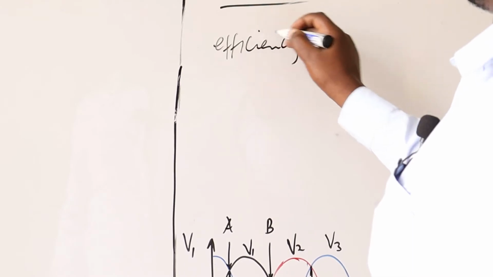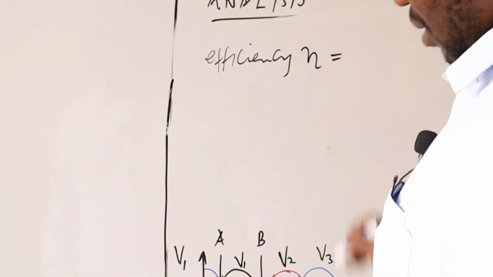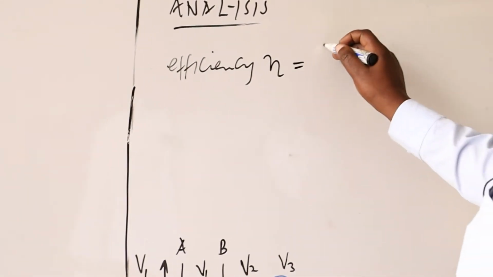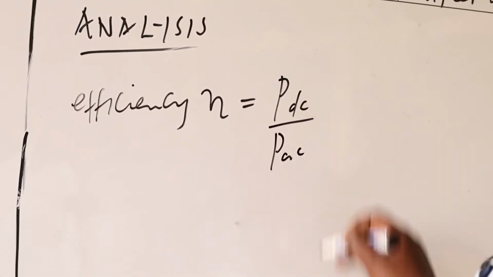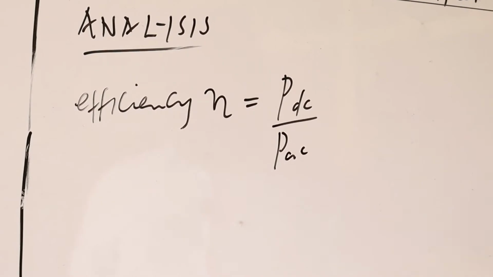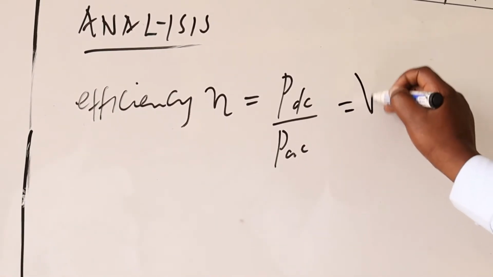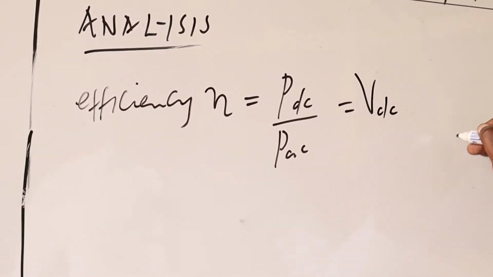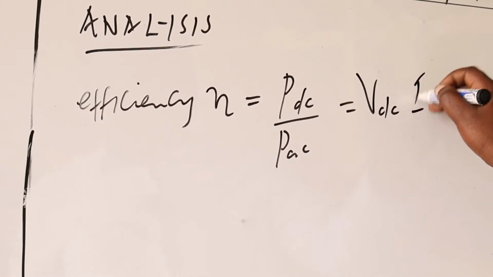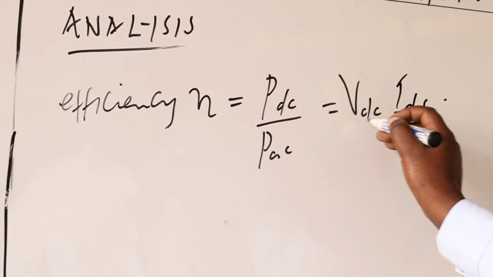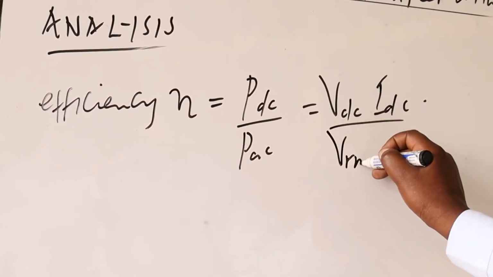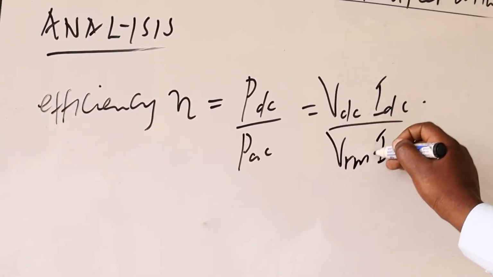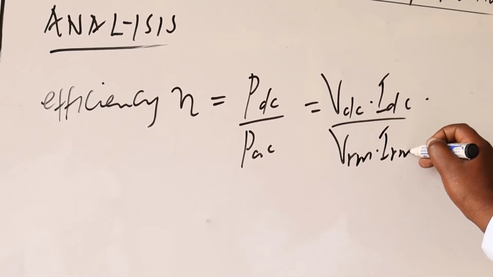PDC, you see, VDC times IDC will give you PDC, and VRMS times IRMS.